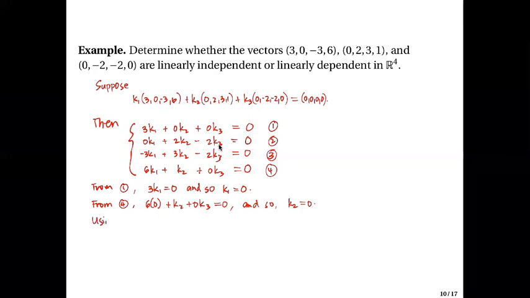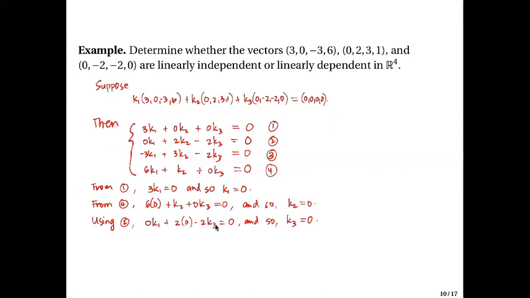So using equation 2, you now have 0K1 plus 2 times 0 minus 2K3, which is equal to 0, and so K3 is also 0.